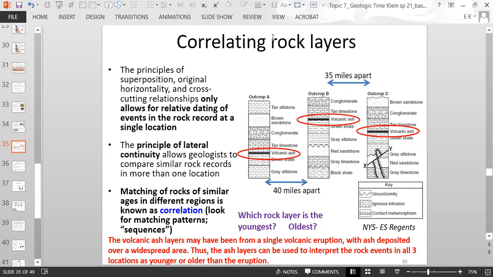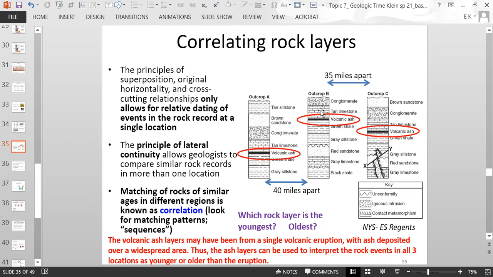So if one volcano erupted, the ash would have spread out far. So we're going to assume that the volcanic ash in all three outcrops is from the same volcanic eruption. So we could use that volcanic ash layer to interpret the rock events in all three locations.